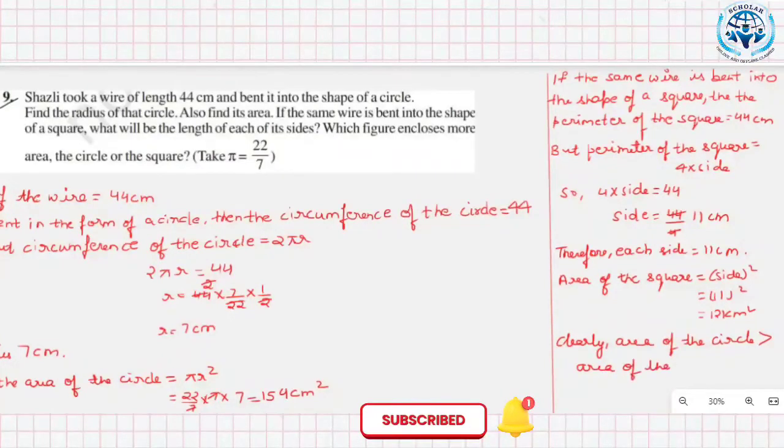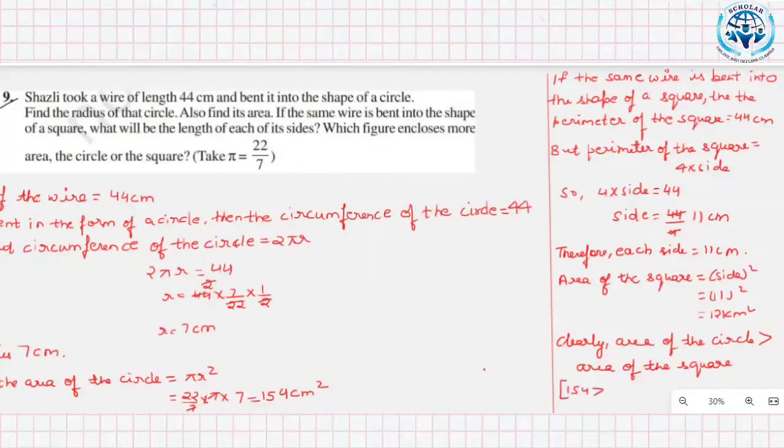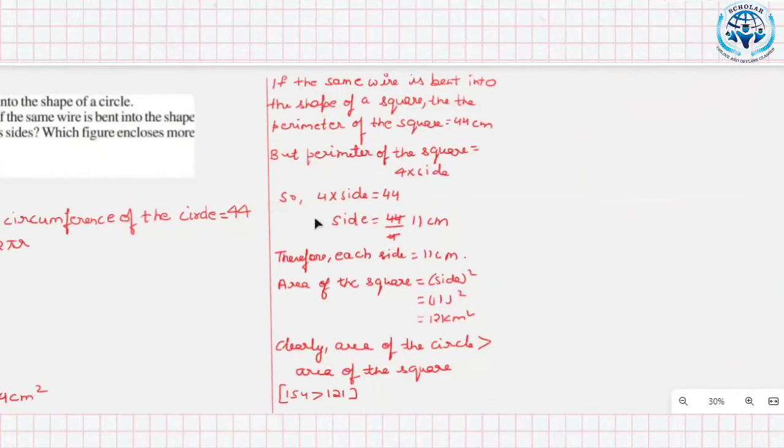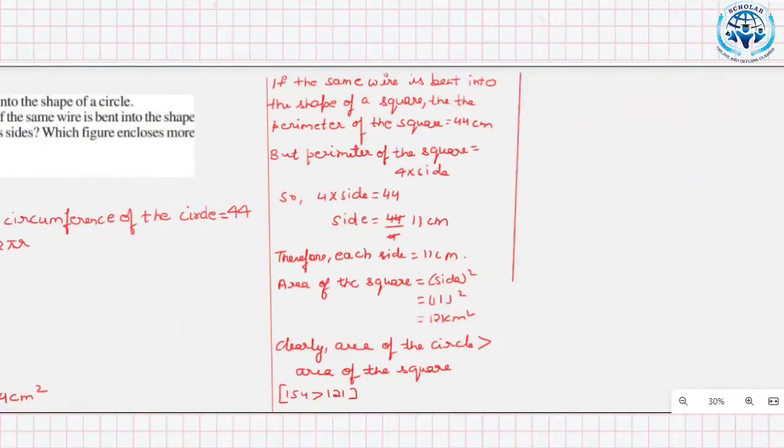Clearly, area of the circle is greater than the area of the square. Hence, circle encloses more area.